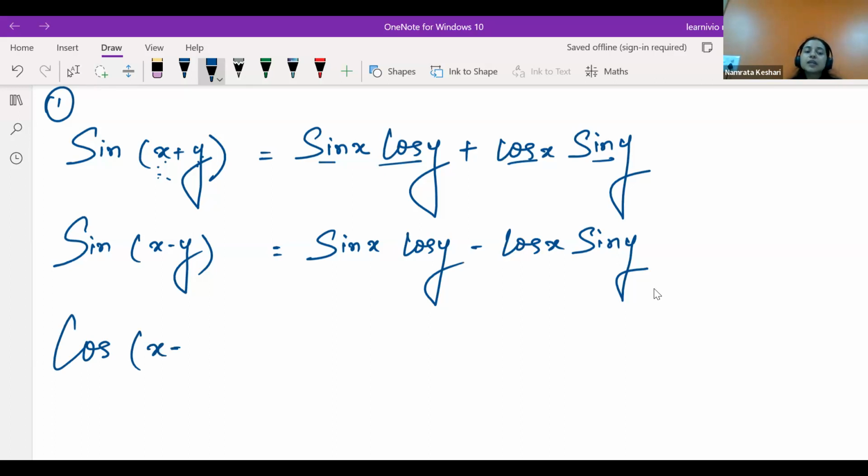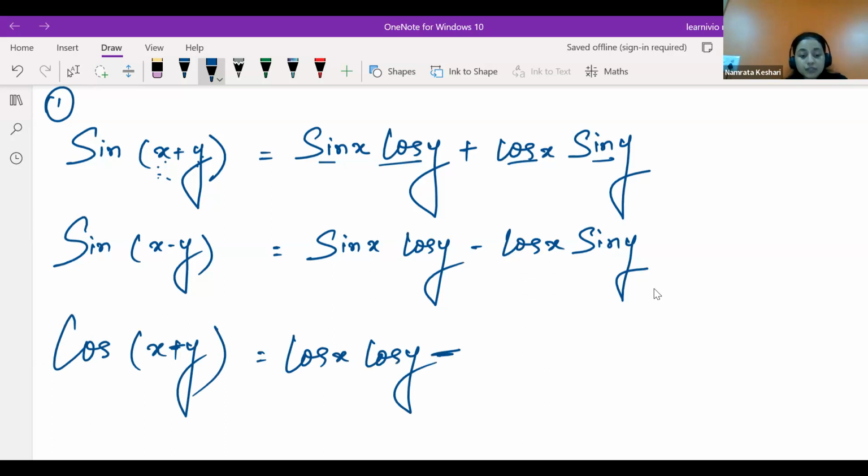For sine, if there is a plus sign on the left hand side, there is a plus sign on the right also. If there is a minus sign on the left side, there is a minus sign on the right also.